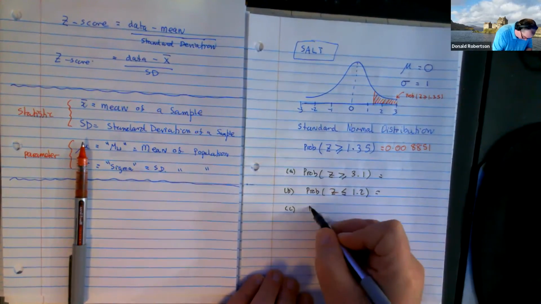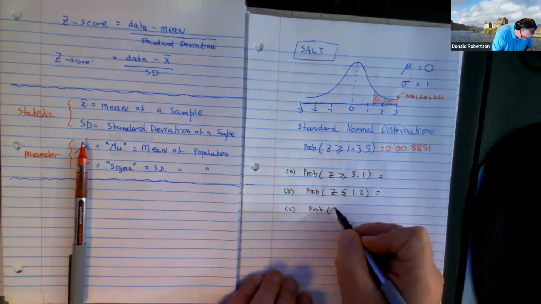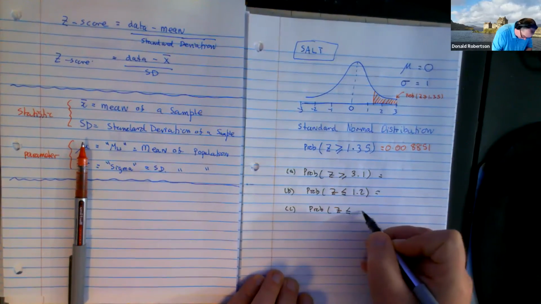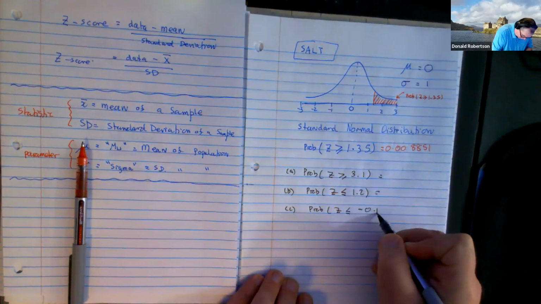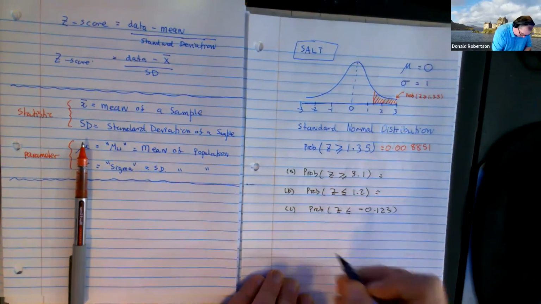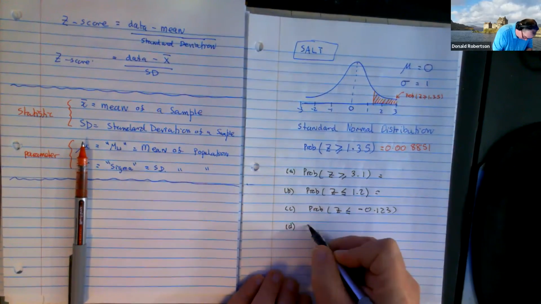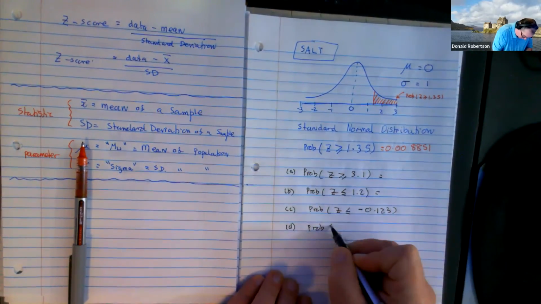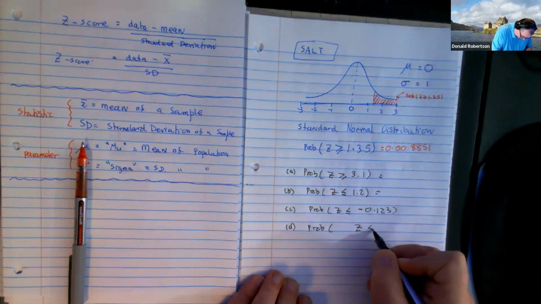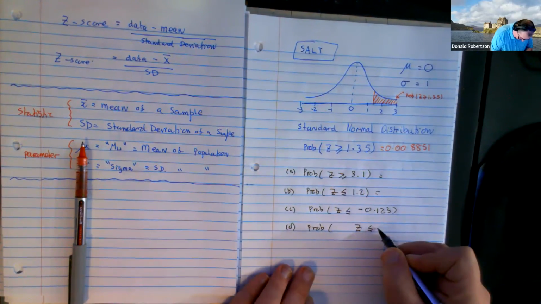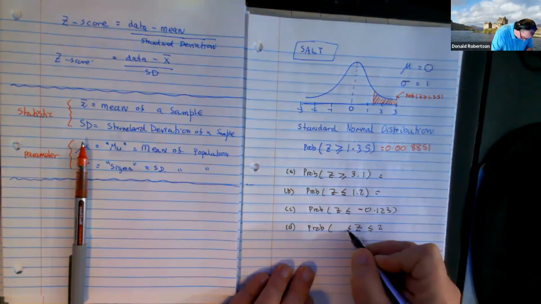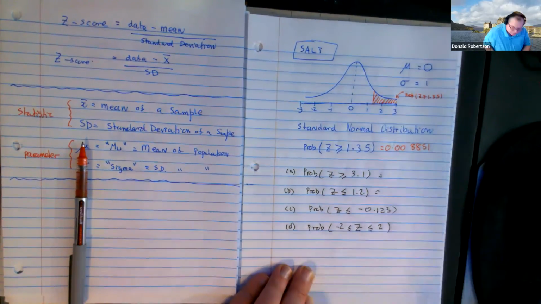Let's find the probability that you get a z-score less than or equal to negative 0.123, just to be awkward. And let's do a between. What's the probability that you get a z-score between 2 and negative 2?